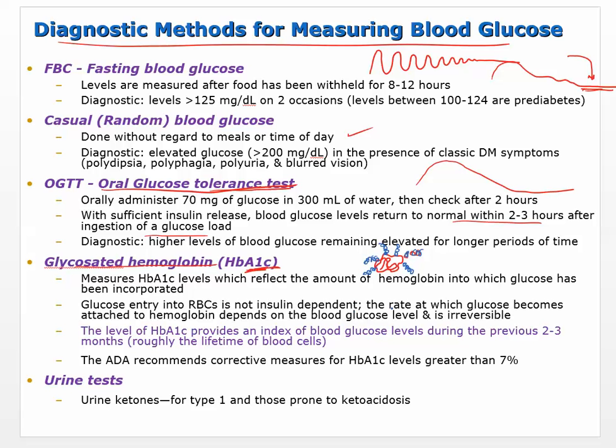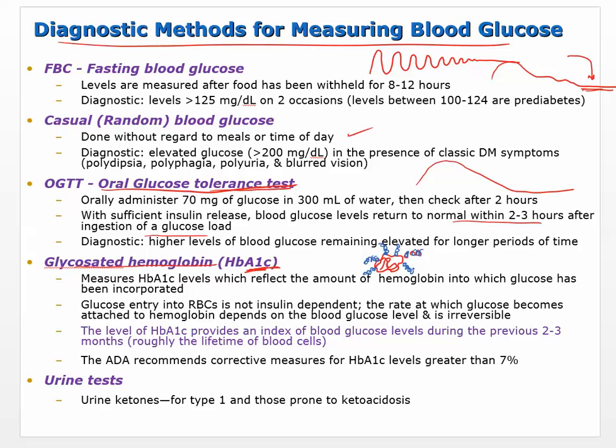is in your blood. When you first make hemoglobin, it doesn't have any glucose on it. Over time it will start collecting glucose. So you can get an average of how much glucose you have over an extended period of time just by looking at the blood and seeing on average how much glucose is on your hemoglobin.